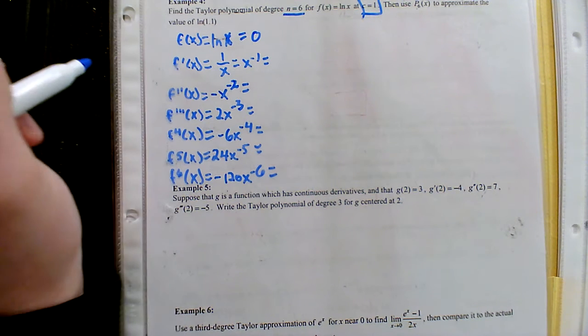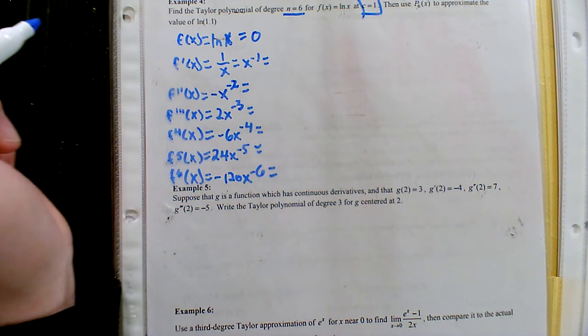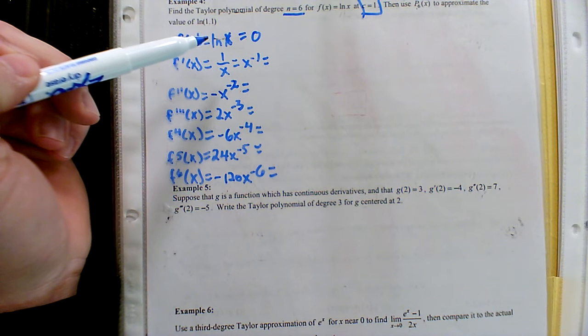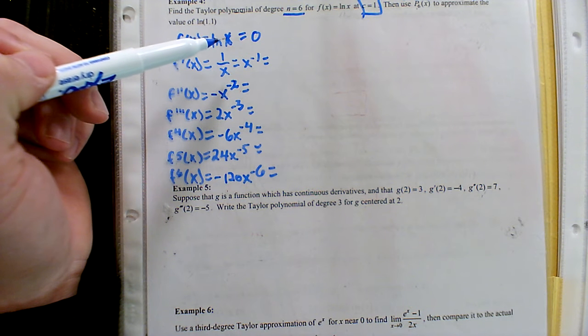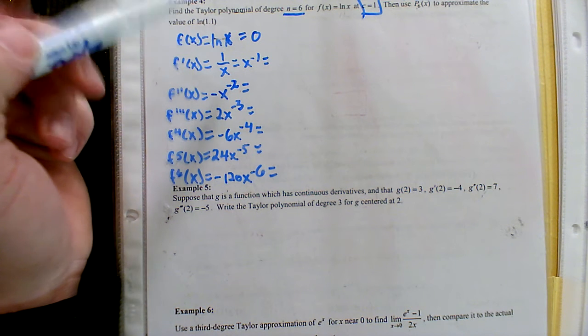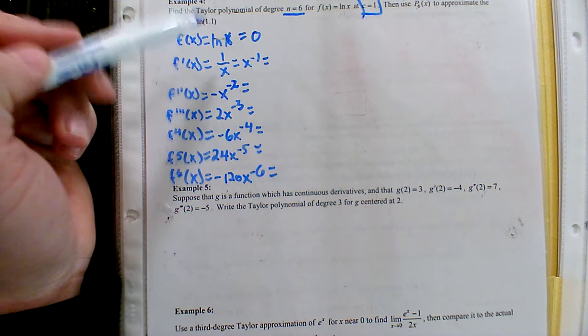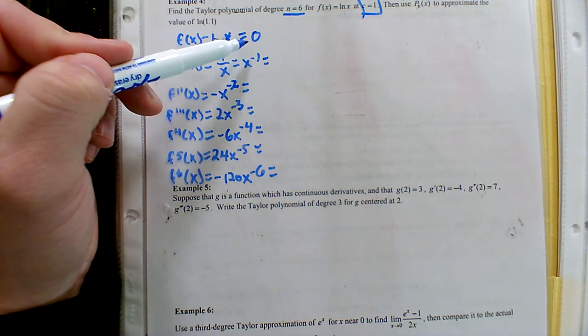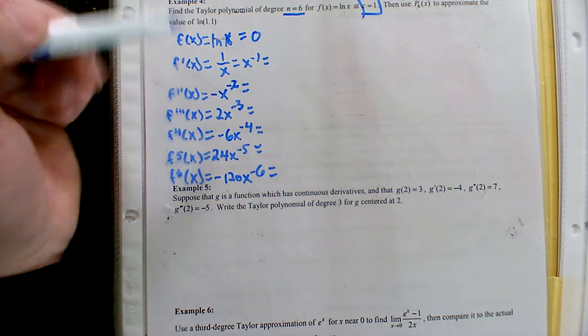So Eric had talked about this yesterday. Why do we move that center of approximation for certain problems? Well, ln at 0, if you type that in, you're going to get an undefined answer. So we can't center this approximation at x equals 0 because we don't actually have a value for ln of x. So we have to move that center of approximation over to 1, and if we plug in 1, we have an easy answer. We know ln is 0 at that point. So we have a good starting point to start at.